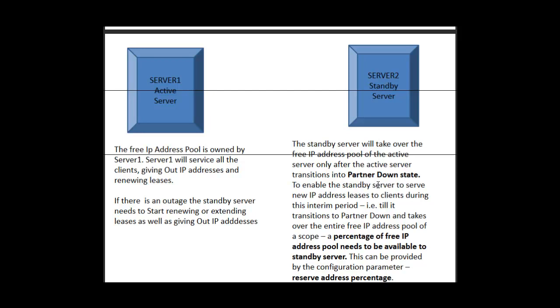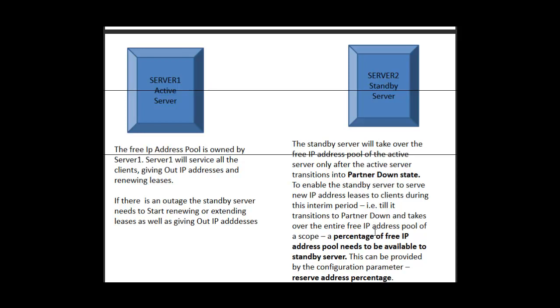Now, what we need to know is that we actually have to configure the servers and configure settings so that the standby server will know, well, how much time after the active server goes down should I take over?